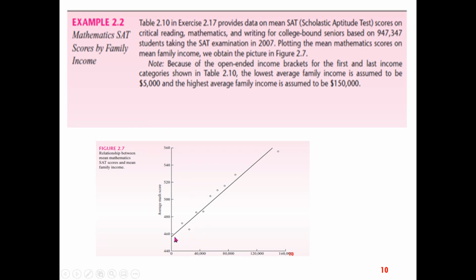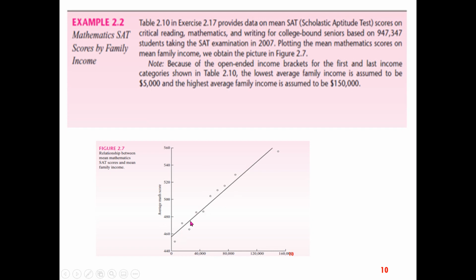So based on this diagram, what you can see is actually this, you see this label on the axis, that is the x-axis, should have been labeled. This is actually income level, right? So we have data on income level, whereas on the y-axis we have data on average math score in the SAT exam.